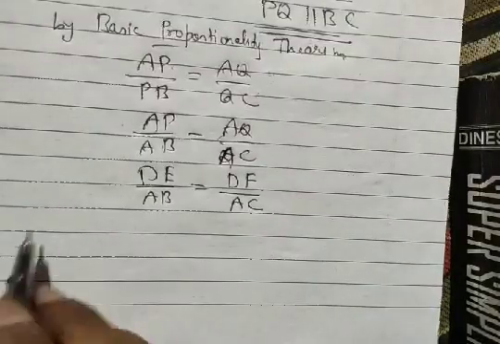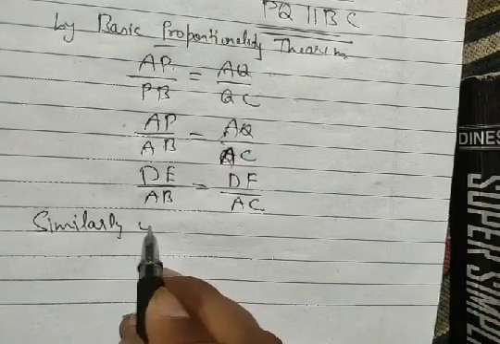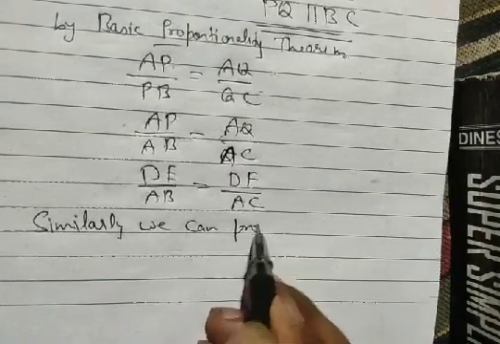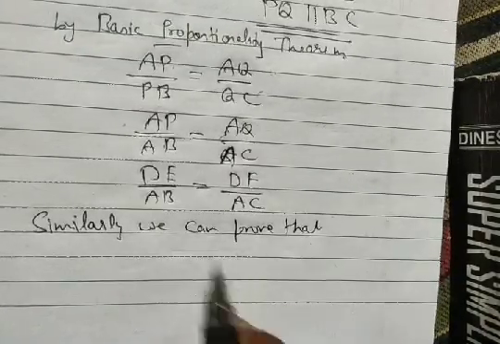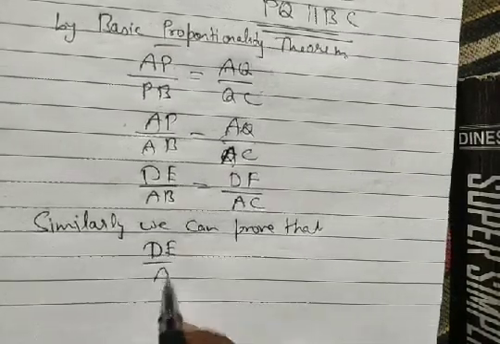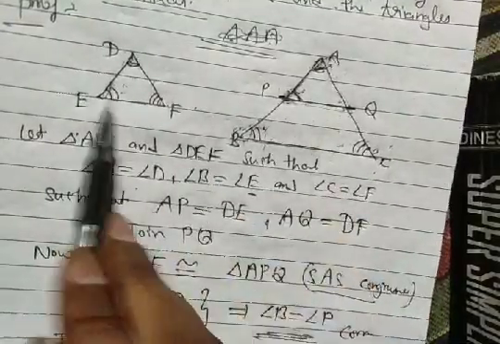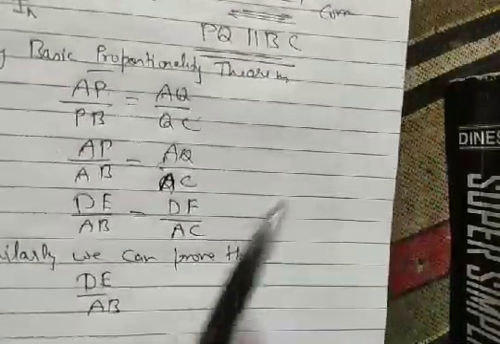Then after that we use a similar method. In similar manner we can show that DE is to AB is equal to EF is to BC.